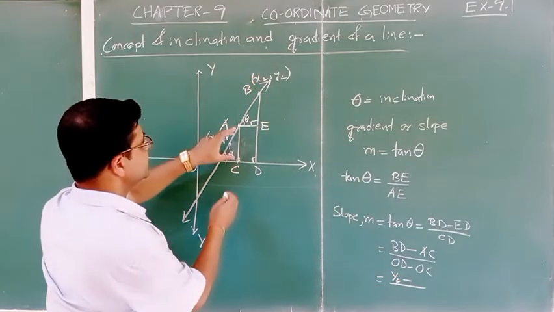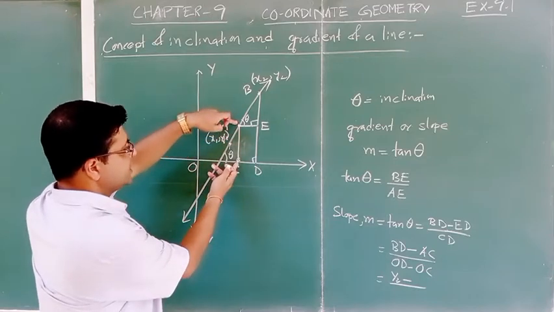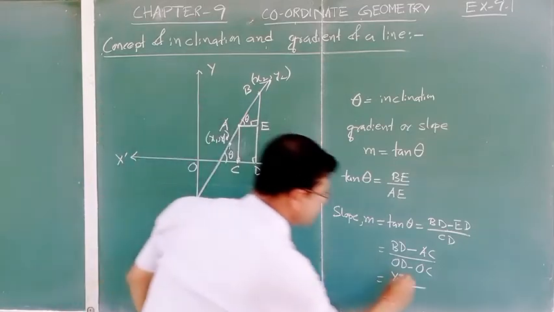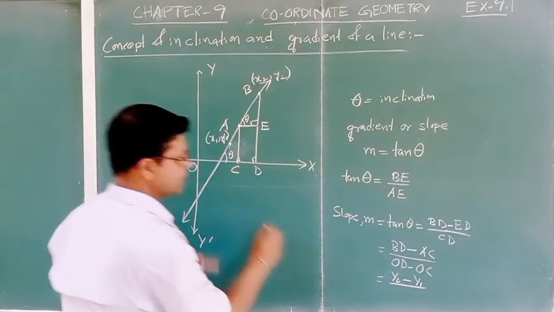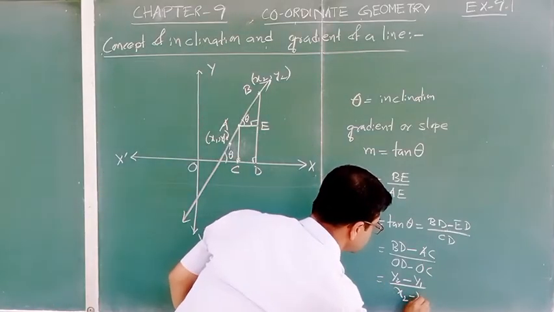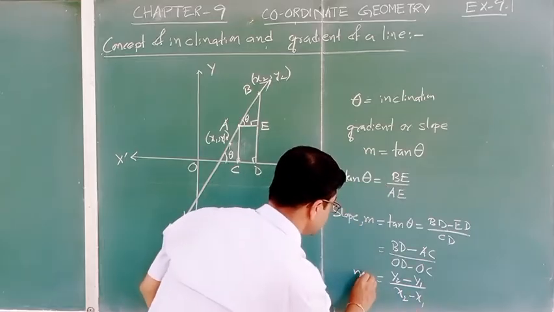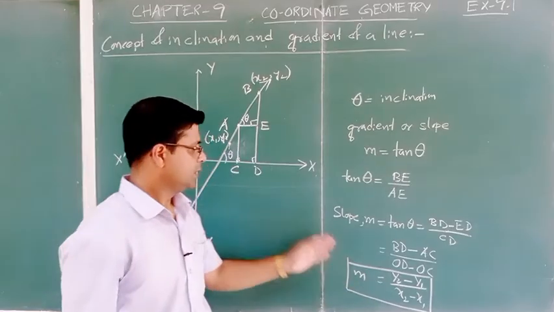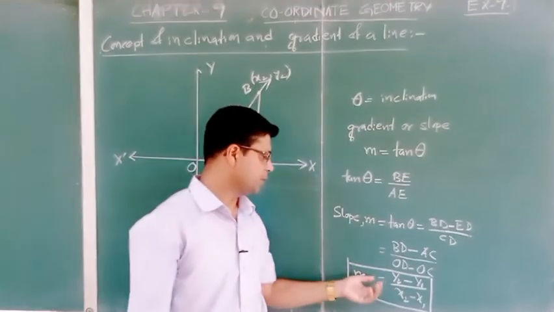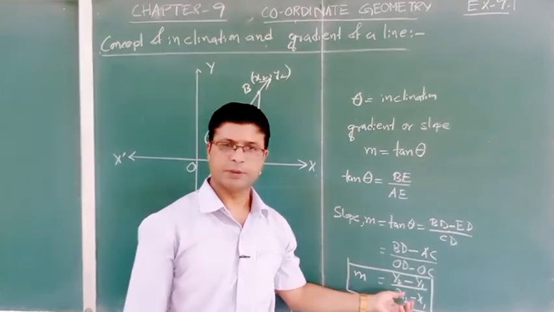AC is this distance, y1. OD is x2 and OC is x1. So x2 minus x1. So slope, in terms of coordinates, is equal to y2 minus y1 divided by x2 minus x1.